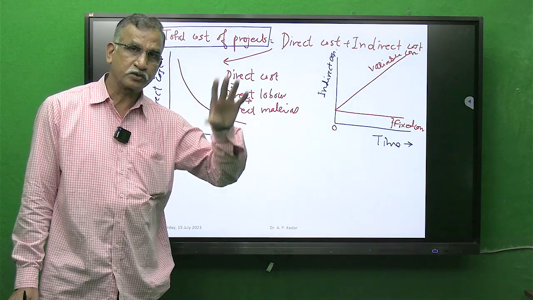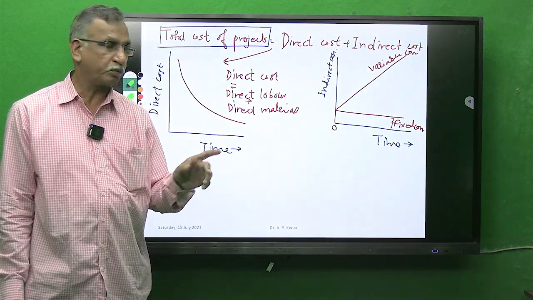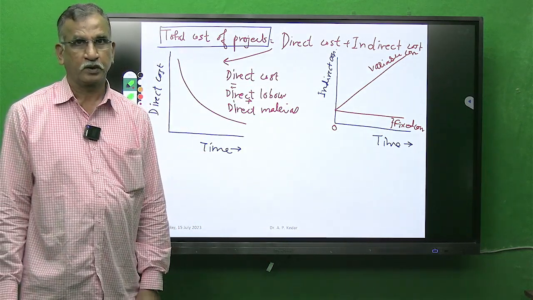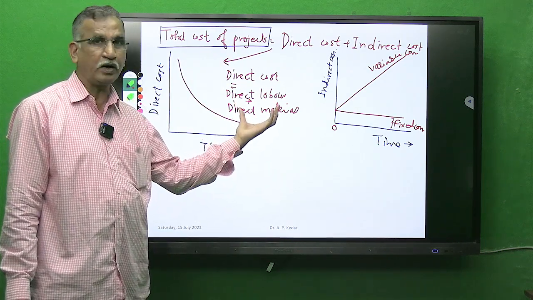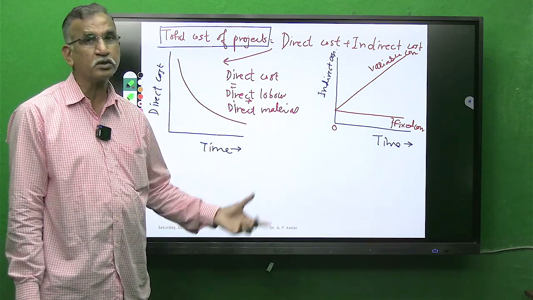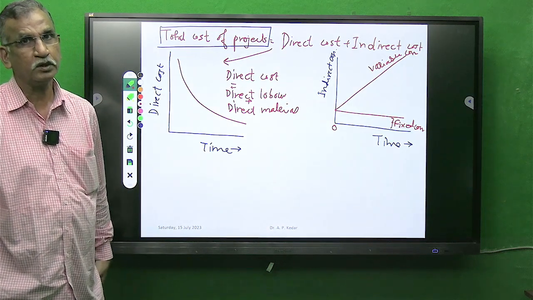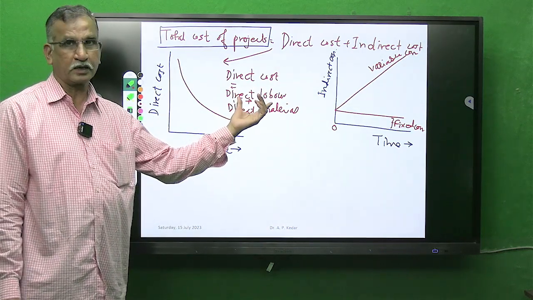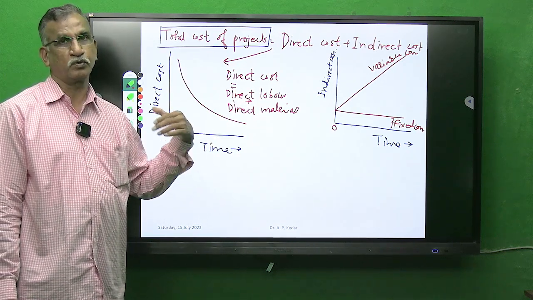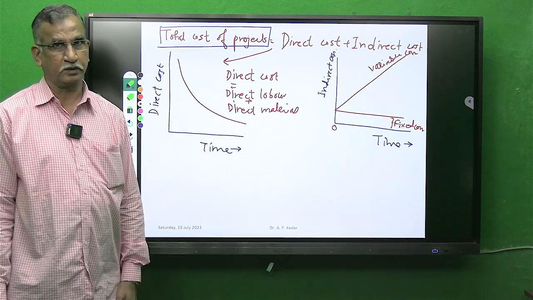Mind well, the person sitting in the administrative building will not be part of direct labor. Direct labor will be the person who is working, who is doing value addition on this material, and the material used for that is direct material.